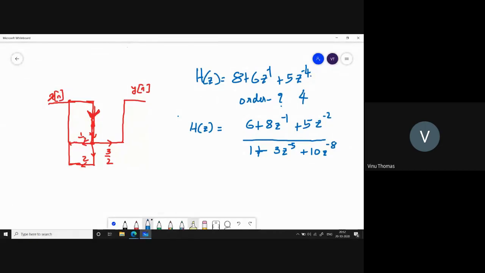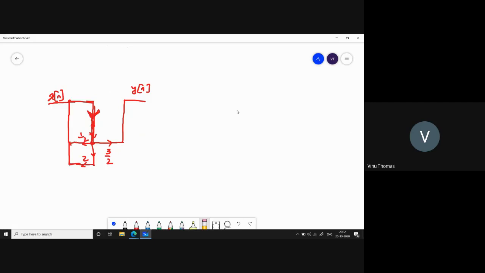So I will wind up my class with a very simple example. Let us think of a filter of this form. H of z is equal to 1 minus z raised to minus 2 by 1 plus z raised to minus 1 into 1 minus 3 z raised to minus 1.